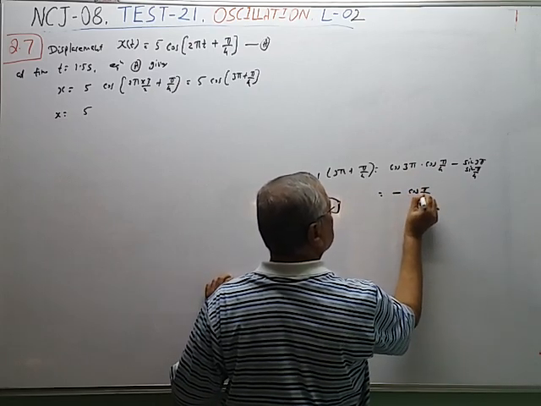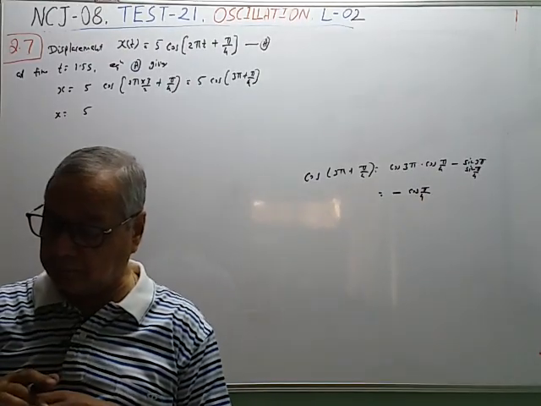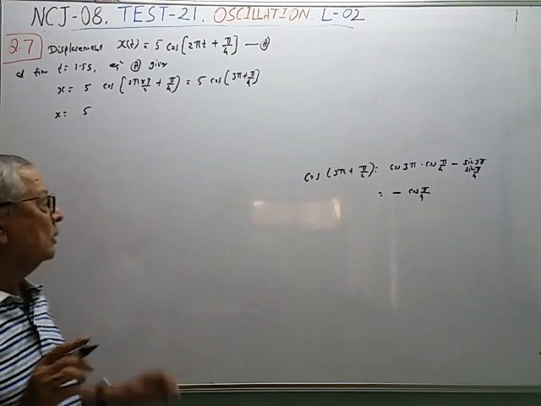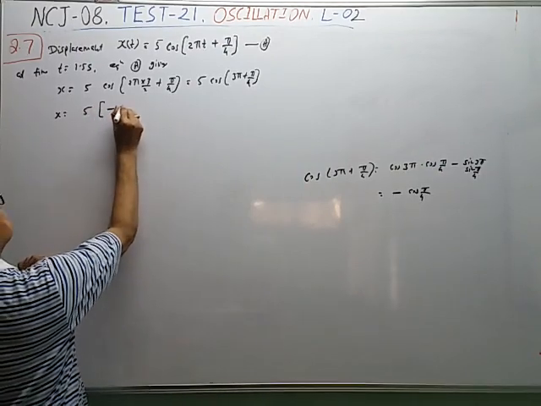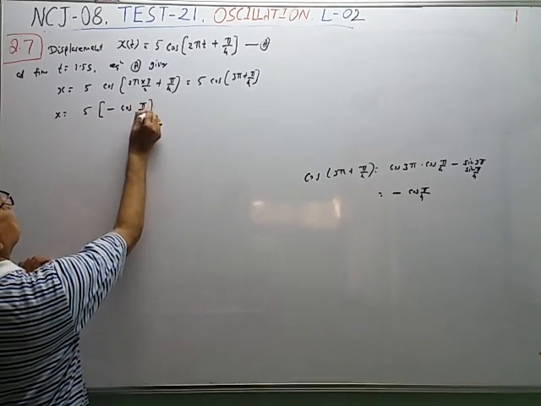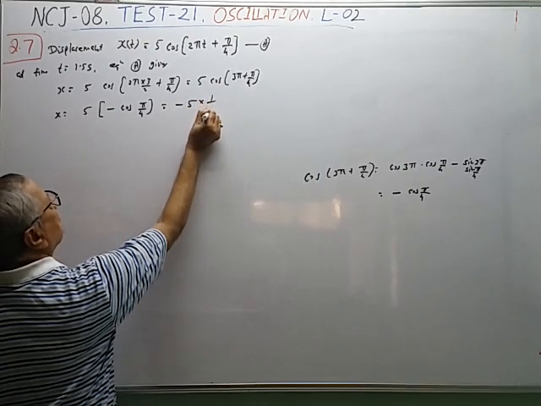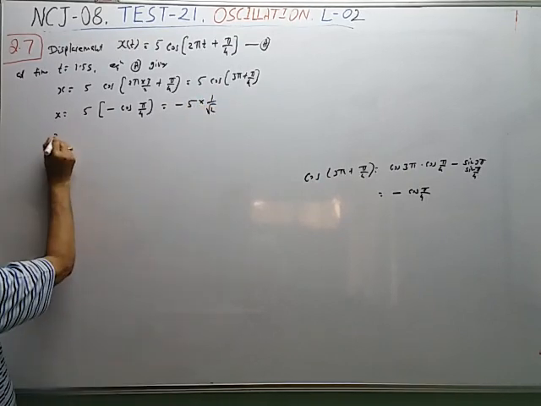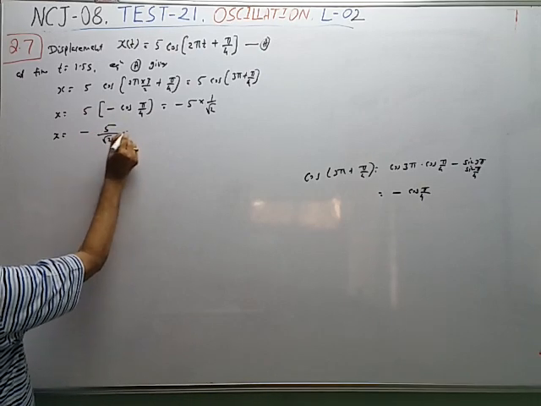So it is equal to minus cos pi by 4. So this is equal to minus 5 multiplied by 1 upon root 2. So x is equal to minus 5 upon root 2 meter.